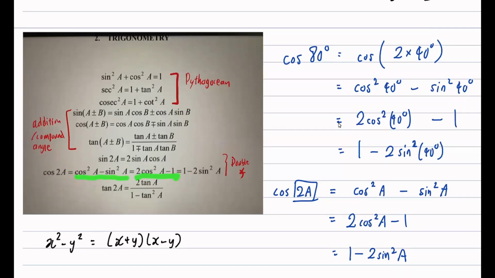But more importantly, what are you left with? What's a general pattern you can see? Is it too big a question? Too big. Okay, then how about if you compare with 1 minus 2 sine square? Cosine 2A becomes 1 minus 2 sine square. What's so special about these two? 2 cos square A minus 1 versus 1 minus 2 sine square A.